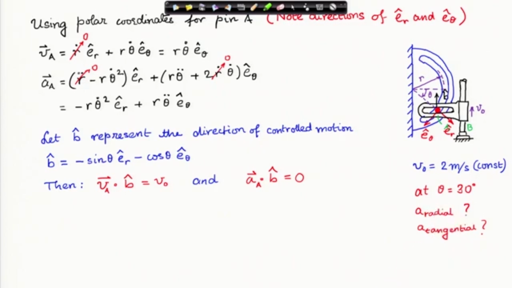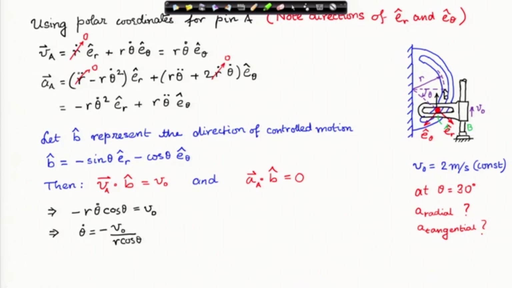Therefore, whatever be the velocity of pin A, its dot with b cap should be the velocity in the vertical direction, which is v naught, specified as 2 meter per second, and it is constant. Therefore, whatever be the acceleration of the pin A, its dot with b cap once again should be 0, because it does not have any acceleration in the vertically upwards direction, in the direction of b cap.